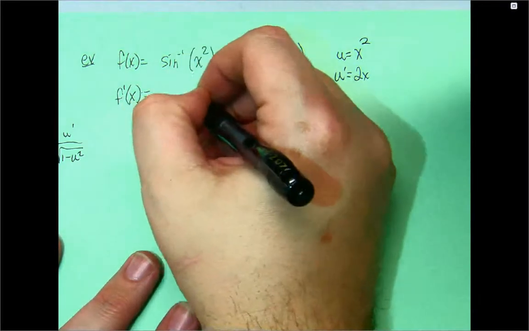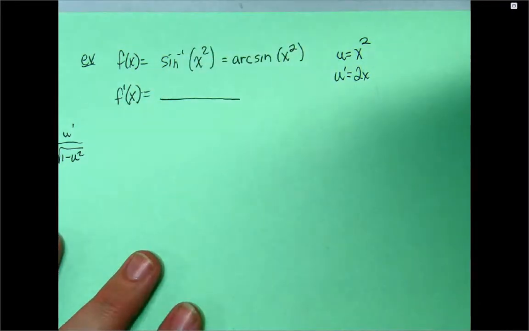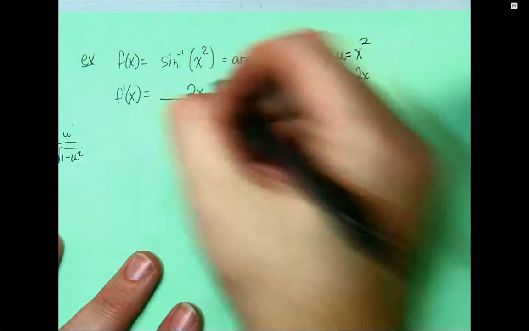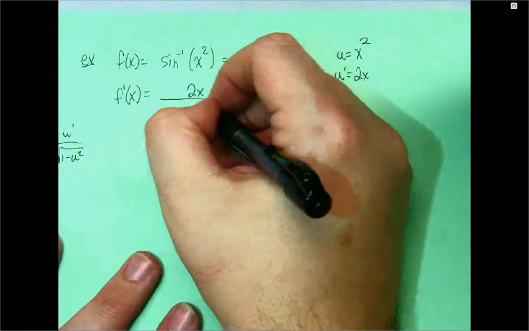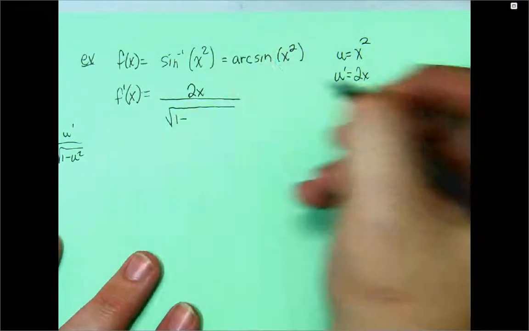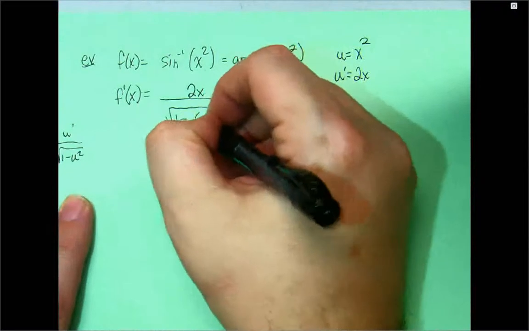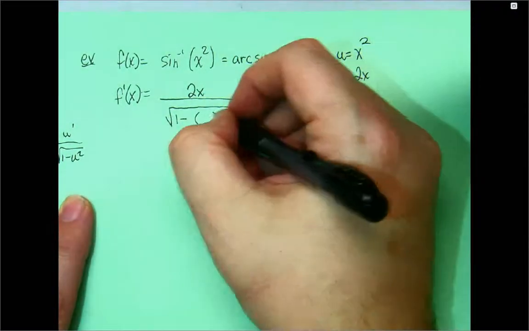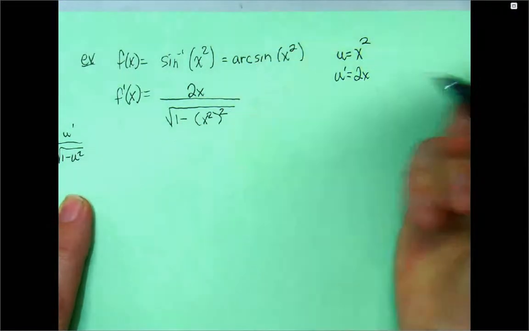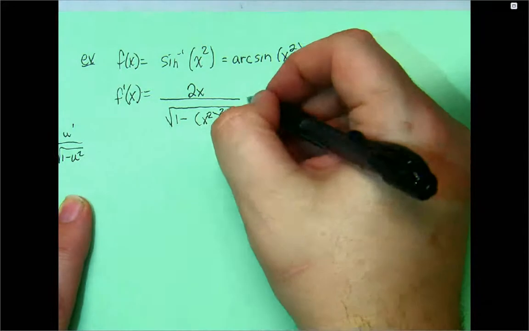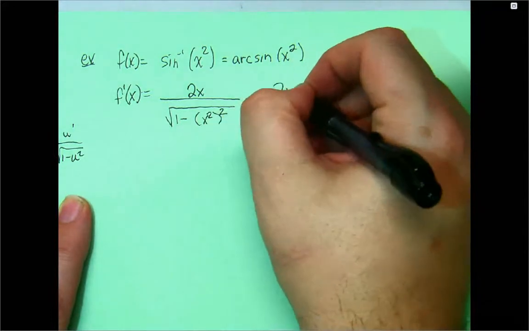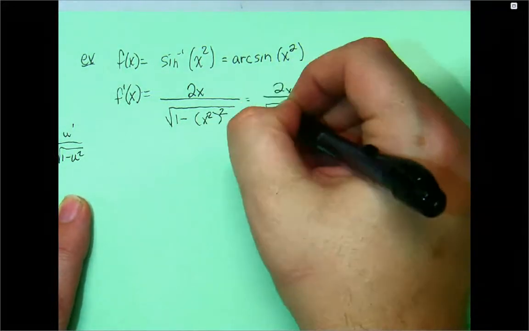So it's u prime, 2x, divided by the square root of 1 minus u squared, and what's my u value? x squared, squared. Yeah, so it'll be x to the fourth. So it's 2x over the square root of 1 minus x to the fourth.